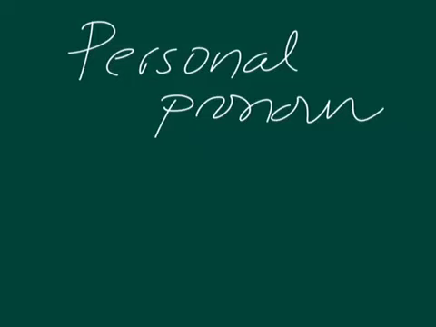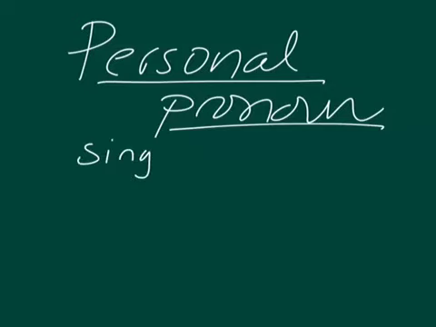A personal pronoun is when you are talking about three different things. You have the singular ones, which means that there is one of them, or you have the plural ones, which means that there are many. And these can be divided into first, second, third person.